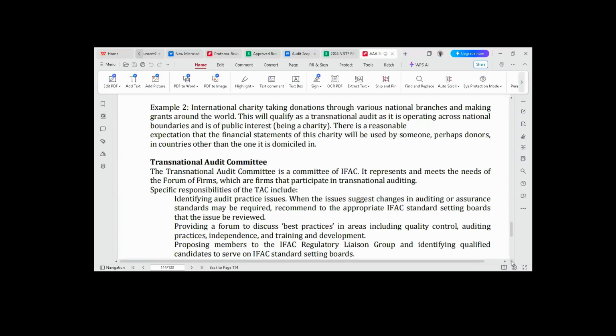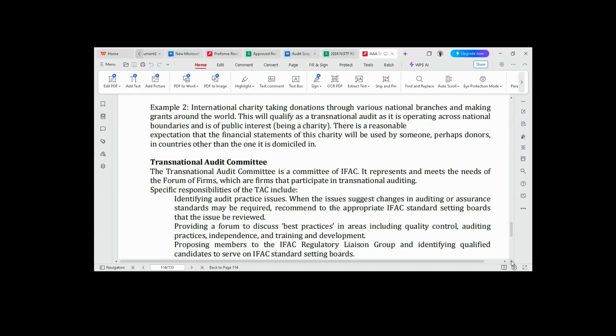They also give advice to IFAC on how this can be done. Also, they play a crucial role whenever they want to set new auditing standards.